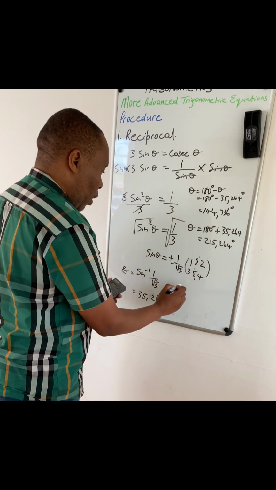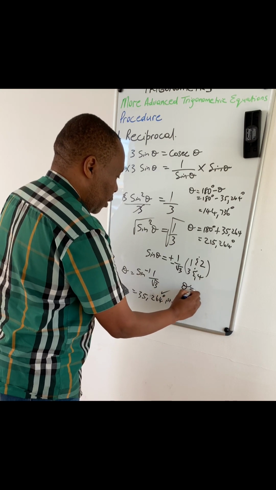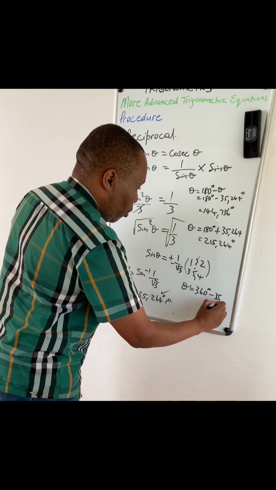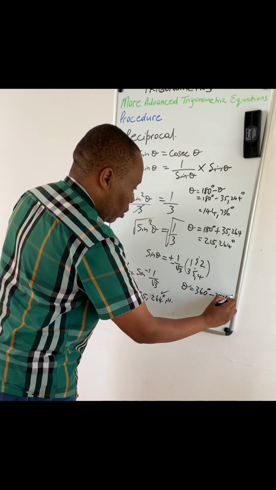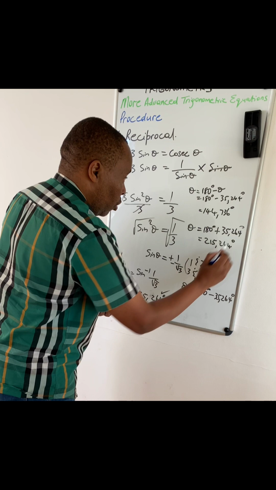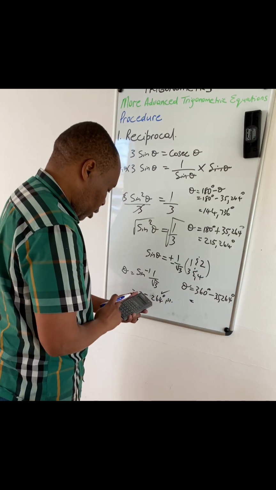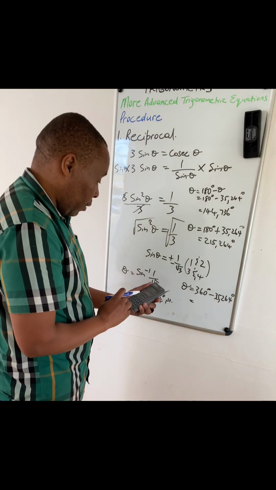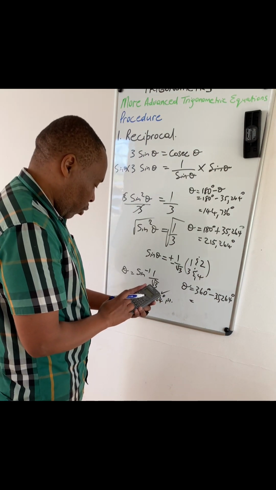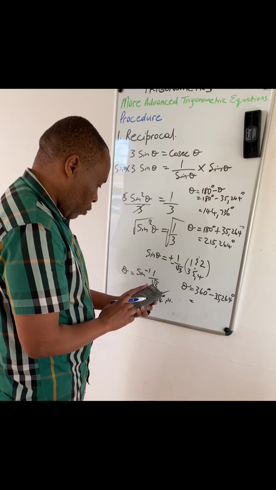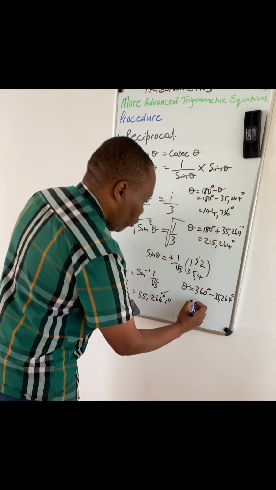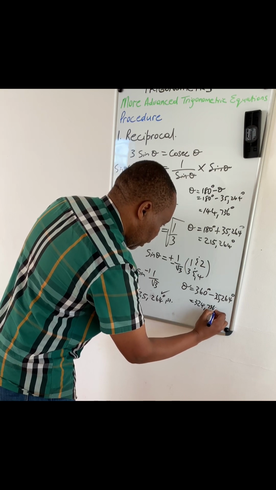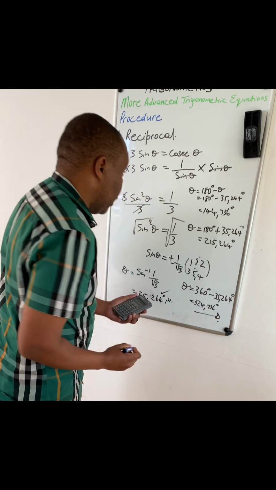And then the fourth one, theta is equal to 360 degrees minus 35.264 degrees, which is 324.736 degrees. This is the angle.